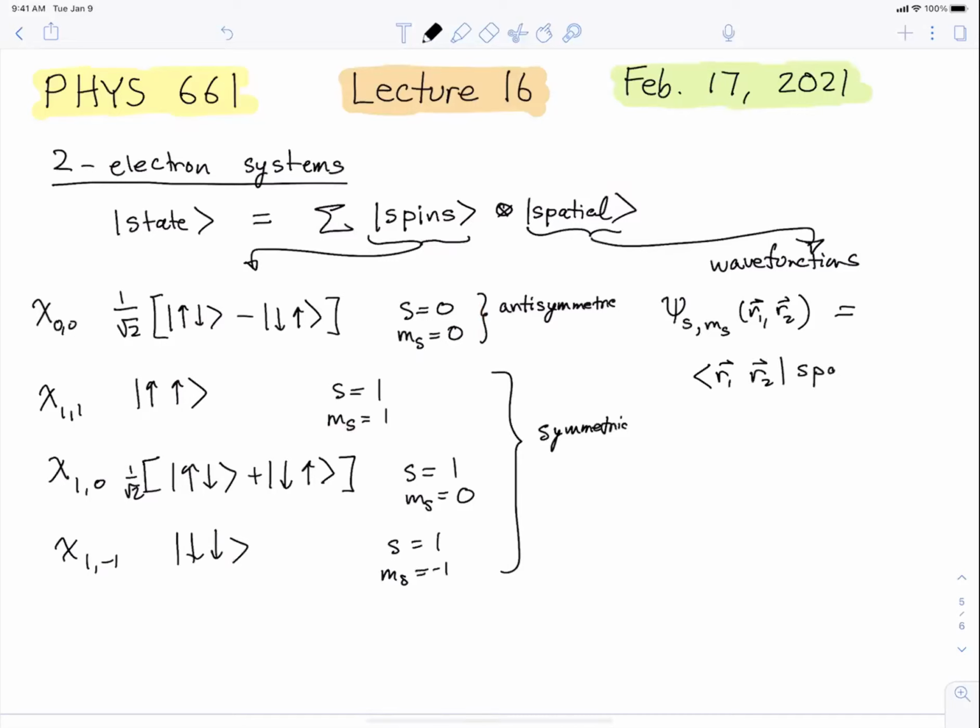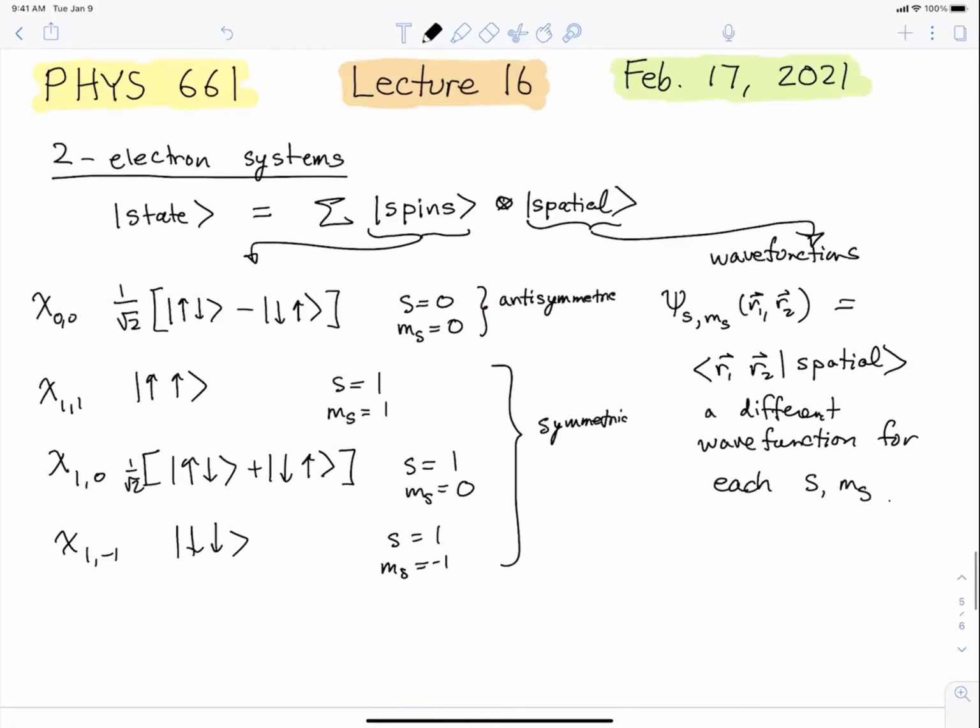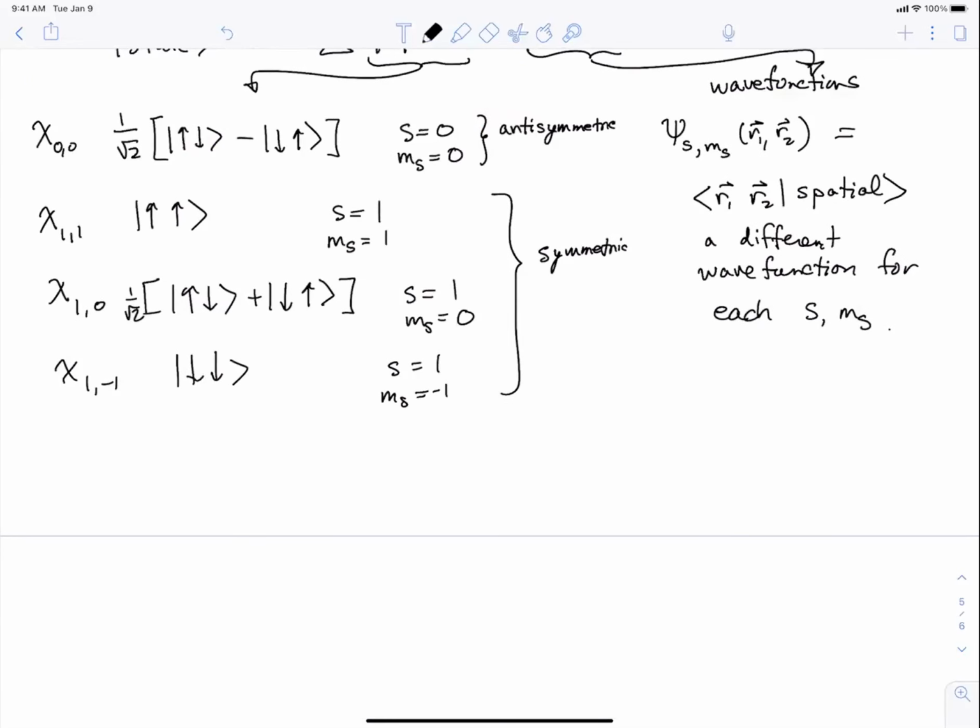Okay, and so I want to emphasize there's a different one of these, a different wave function for each spin combination, so for each s and m sub s. And they have to obey the correct symmetrization or anti-symmetrization properties.